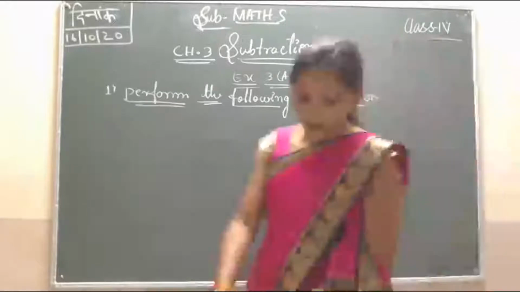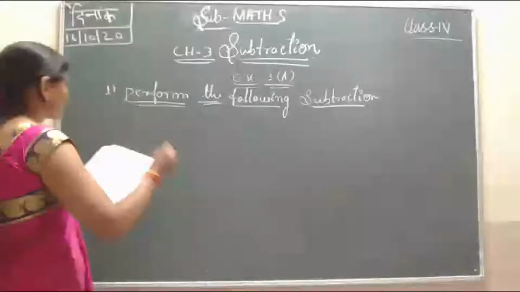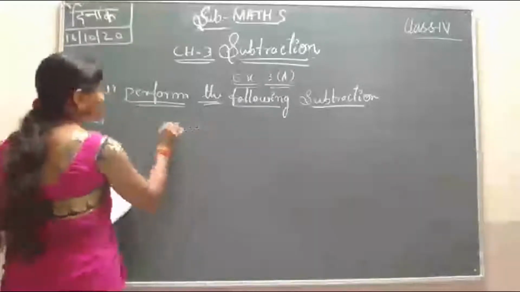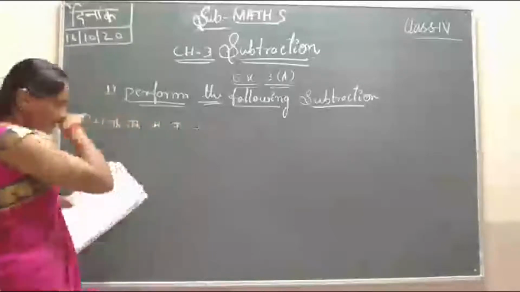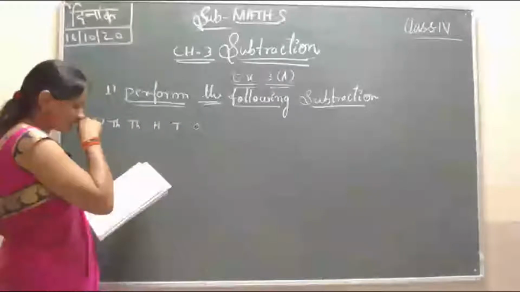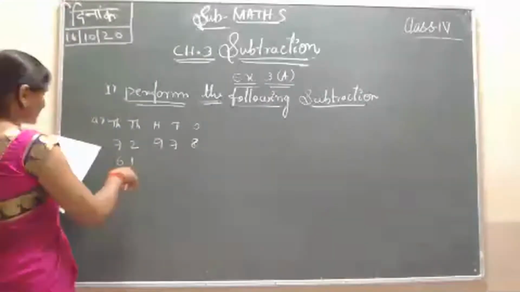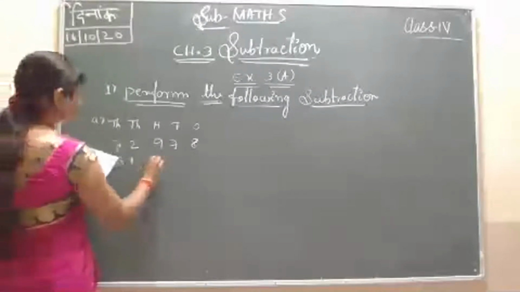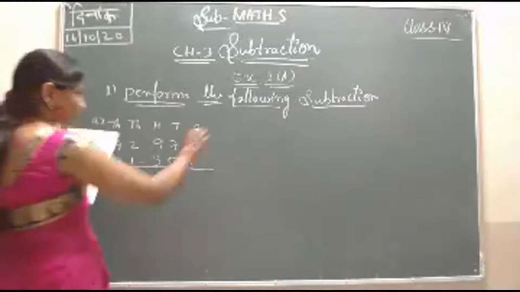Students, first you have to solve A. Can you observe, given ones, tens, hundreds, thousands, ten thousands. First we have to write the place value. 72,978 minus 61,354. You have to do the subtraction.